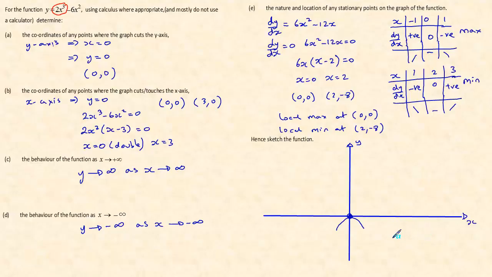And then at 2 we know that we've got a local minimum, so it's going to come down through this minimum point here and then turn back up for the intercept here at 3, and then it's going to keep going up because we know y tends to infinity as x tends to infinity, and this of course was at the origin, and then this is going to come down here, and we could label this point here as 2, negative 8 as our minimum. So this is y is 2x cubed minus 6x squared.